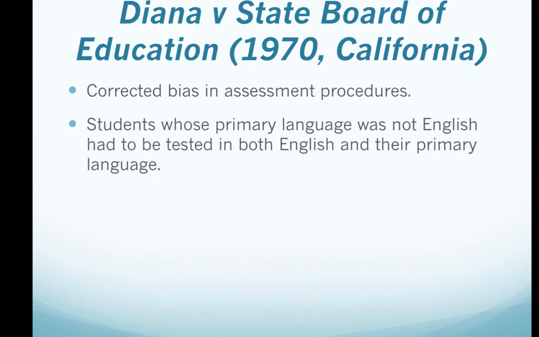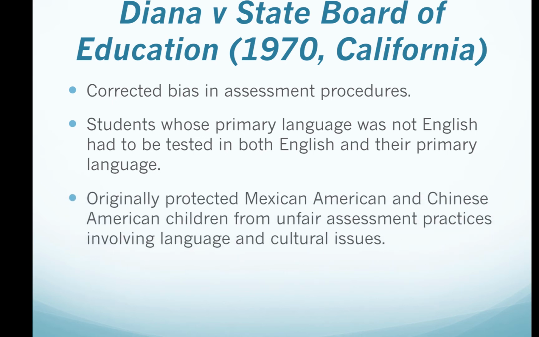It addressed students whose primary language was not English, and they must be tested in their primary language or, if appropriate, in English. So that's important. Then, originally protecting Mexican American and Chinese American students, Lau versus Nichols did the same thing and made proper testing procedures a thing.